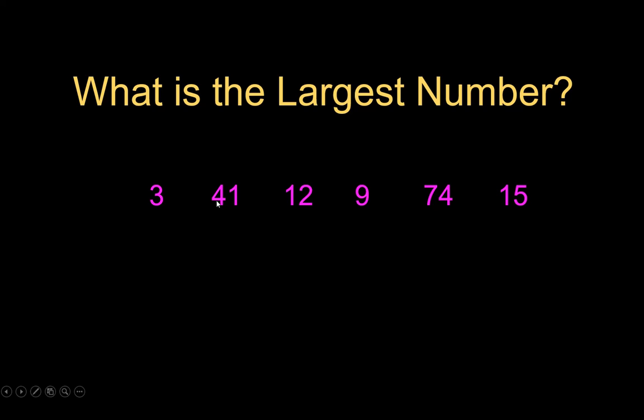Then I saw 41 and I said, okay, 41 is bigger than 3, so that would be my largest number. Then I saw 12 and I said, okay, 41 is still bigger than 12, so this stays the largest number. The same applies to 9, but 74 is of course bigger than 41, so I keep 74 as the largest number. And for 15, of course, 74 is greater than 15, so 74 is the largest number in this set.